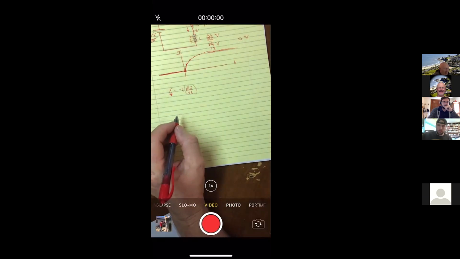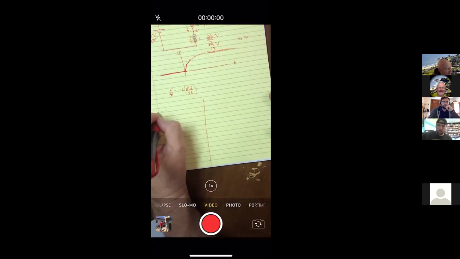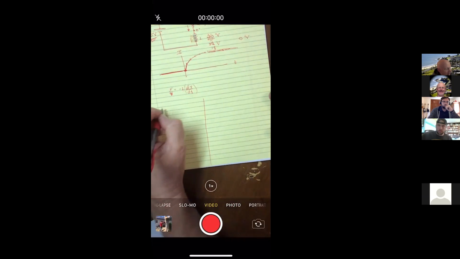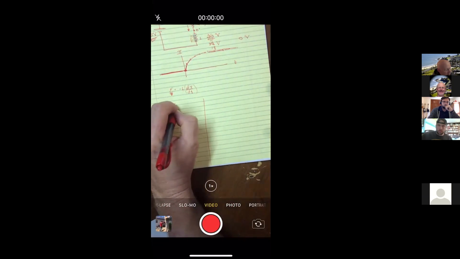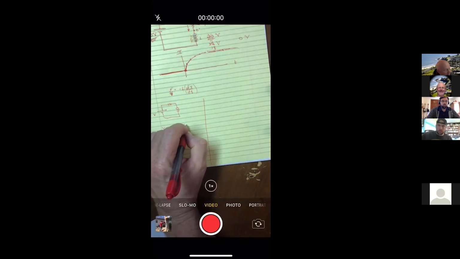Okay. All right. So let me split my paper in half. If I was energizing it, I would have a battery, and then I would have this resistor, and then the inductor. And if I wrote out the equation for this loop, I would go V minus I R minus L dI/dt equals 0.